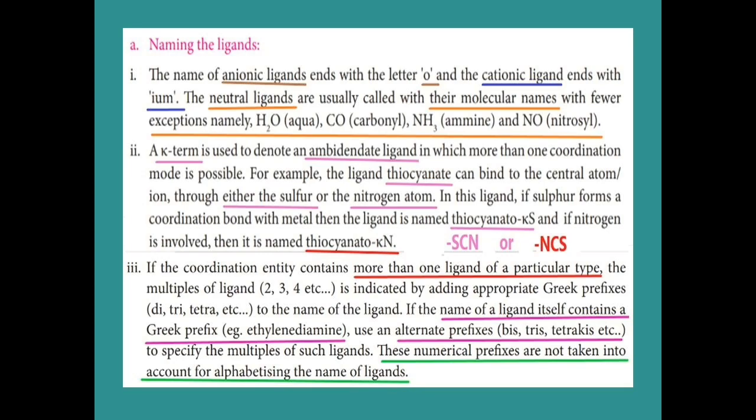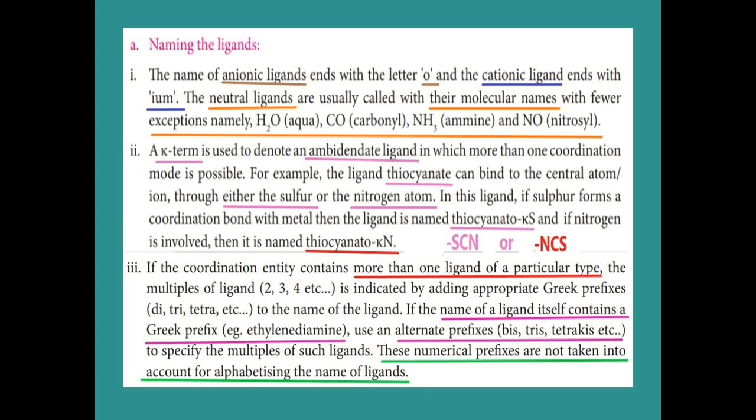In the second guideline, ambidentate ligand, for example thiocyanate, the formula is SCN. Here sometimes the sulfur is coordinated with the central atom, or sometimes the nitrogen is coordinated with the central atom. See the red color. Rose color means sulfur is coordinated with the central atom. Red color means the nitrogen is coordinated with the central atom.